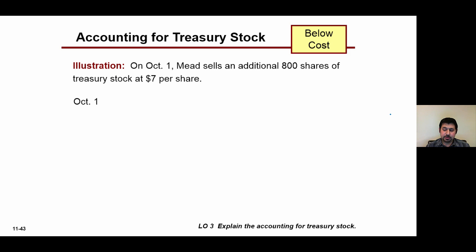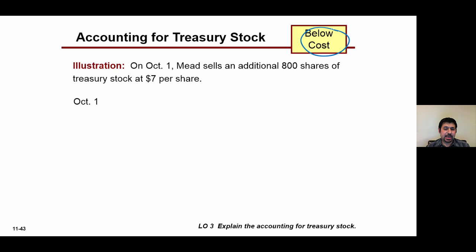Now, if the company is selling treasury stocks below cost, here Mead sells an additional 800 shares of treasury stock at $7 per share. So the amount of cash that the company will get will be 800 multiplied by 7.